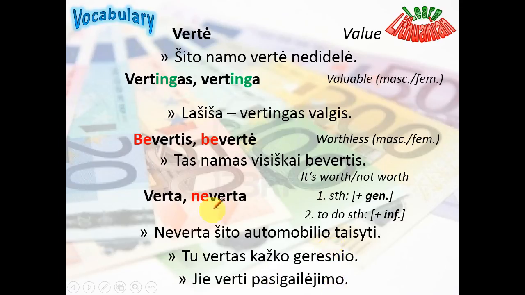But if you're using this word with infinitive, like it's worth doing something, you should use the infinitive. But if you use this negative word with ne, you should always use genitive for the noun which is used with the infinitive.